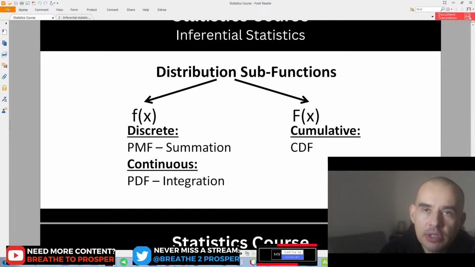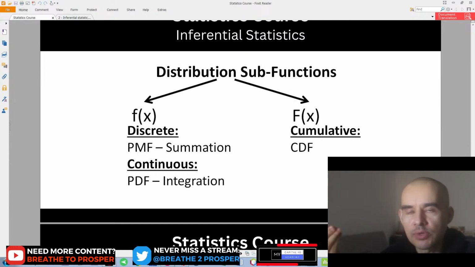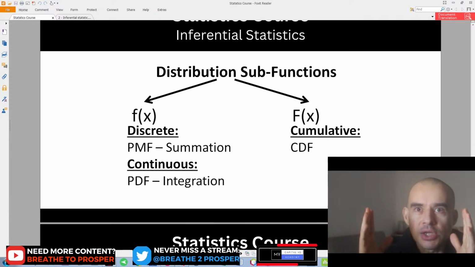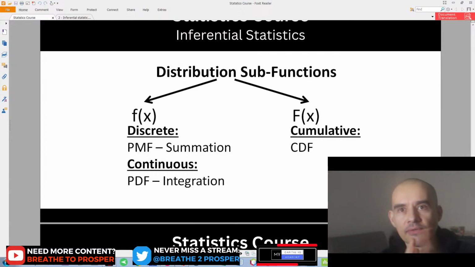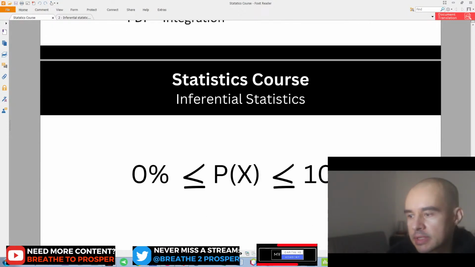And the cumulative, notice the difference between the small f and the big F. The cumulative is when you have a situation like less than or more than, because you are getting a bunch of the discrete ones, individual ones, summing those all together, or integrating those if it's continuous, in order to have the probability of something above a certain value or below a certain value. I'll give you some examples.